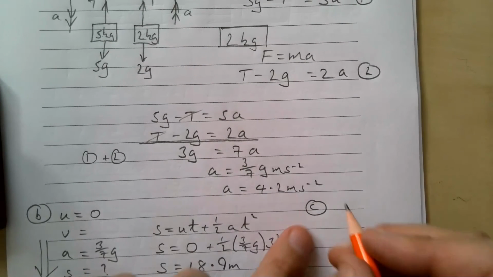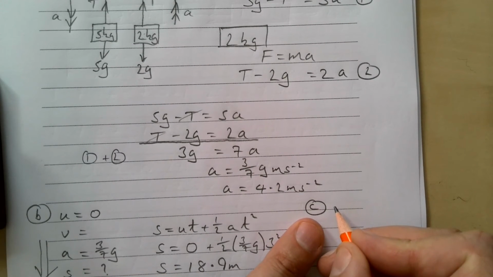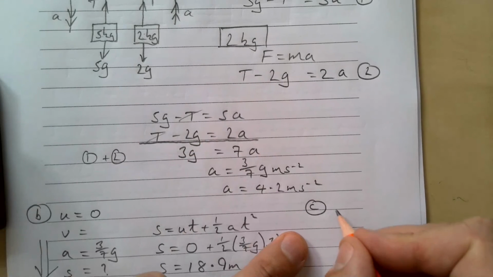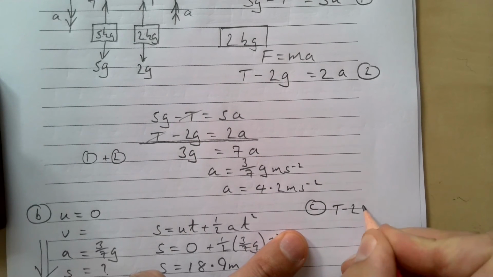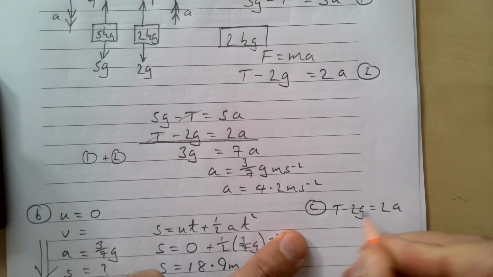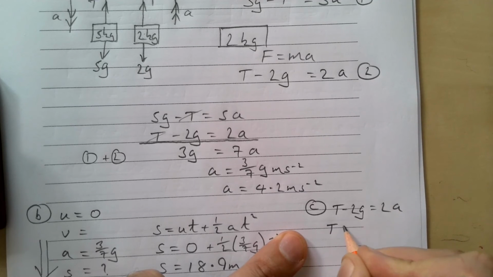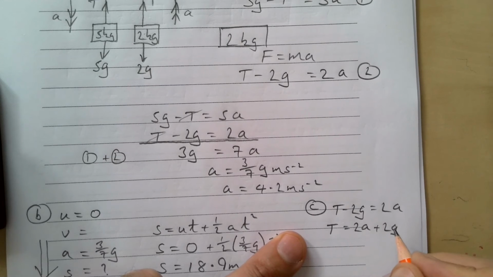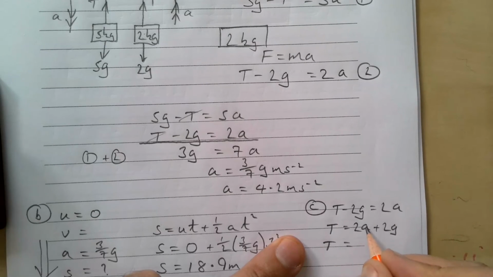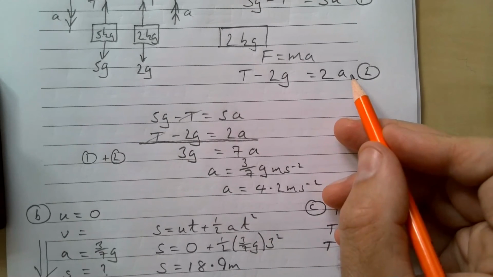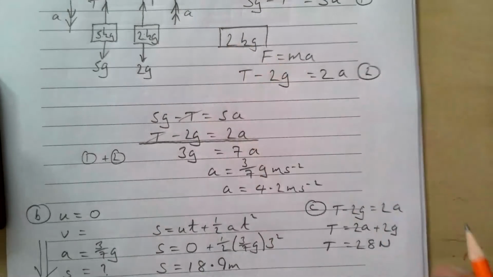So first of all, we're going to work out our T, and we are going to use this one here. T take away 2g equals 2a, so T equals 2a plus 2g. So T equals 2a, which ends up being 8.4, plus 19.6, so that ends up being 28 newtons. You're often asked to work that out at the start.